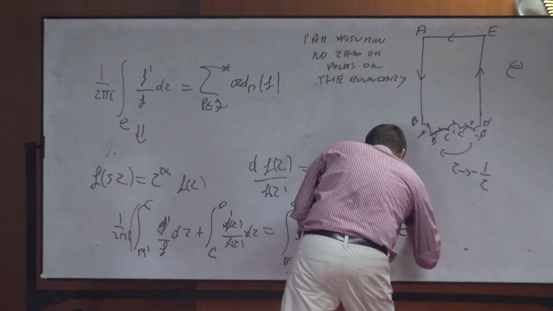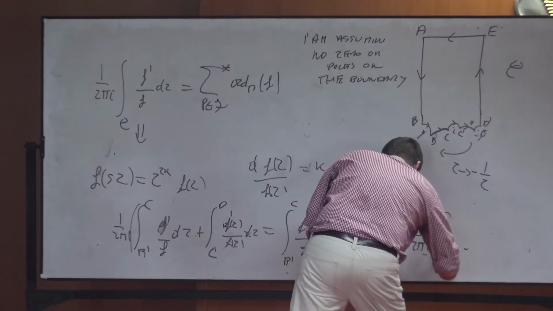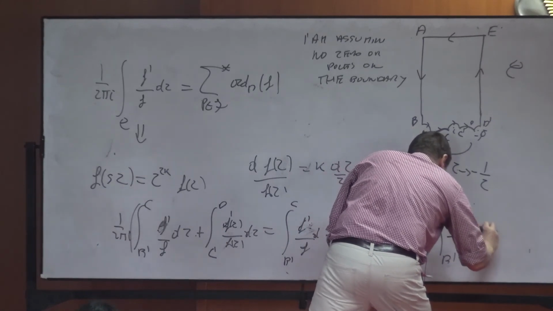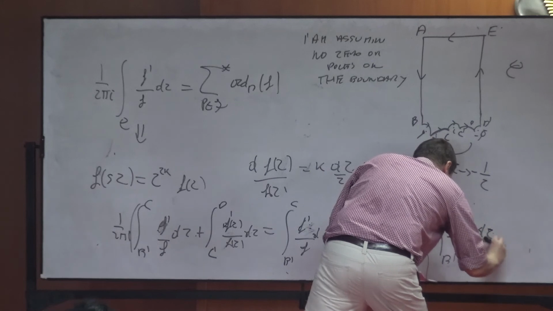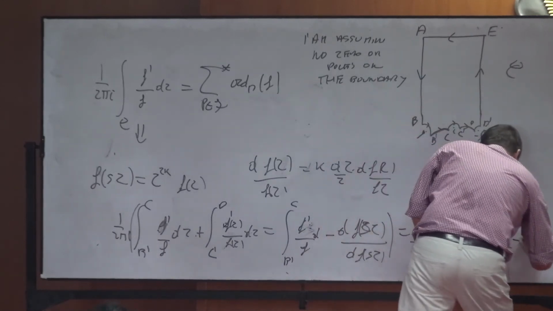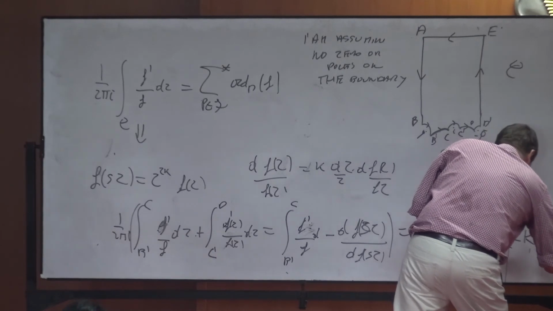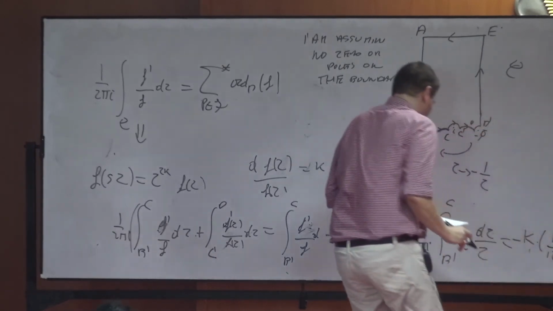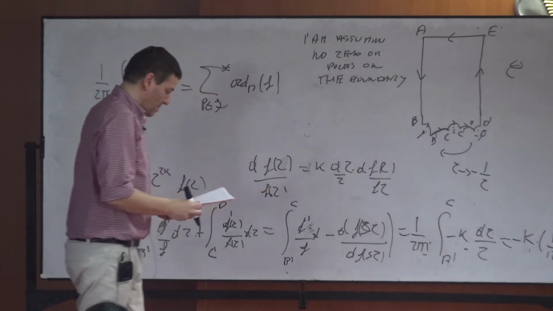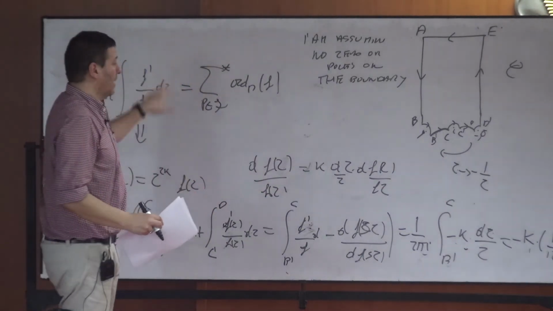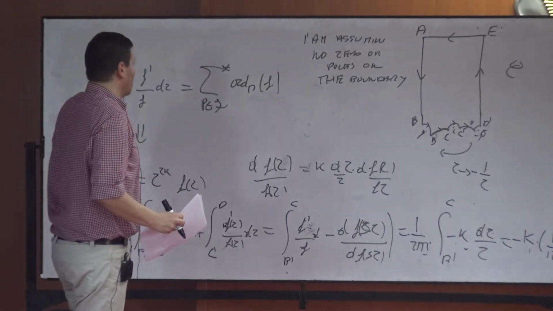And this is just 1 over 2 pi i times minus k d tau over tau, and this is just minus k times 1 over 12.